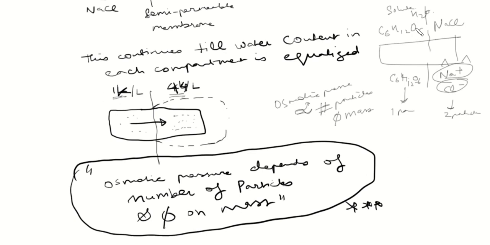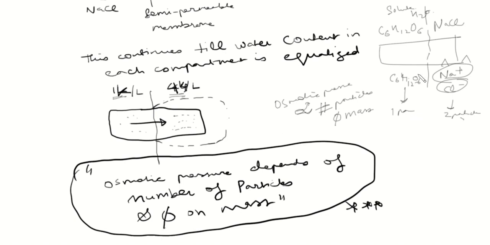So if I dissolve one molecule of salt and one molecule of sugar in my compartments, I'm going to have two particles. Even though it's one molecule, I get two particles in the salt compartment and only one particle in the, you got it, glucose compartment.